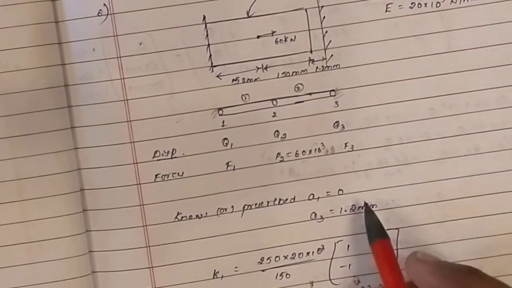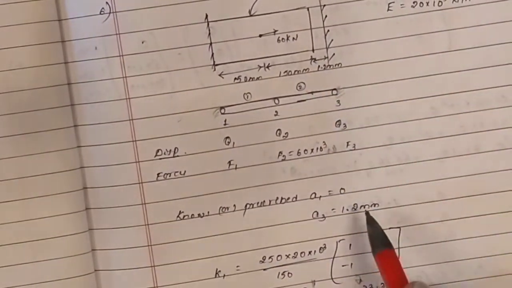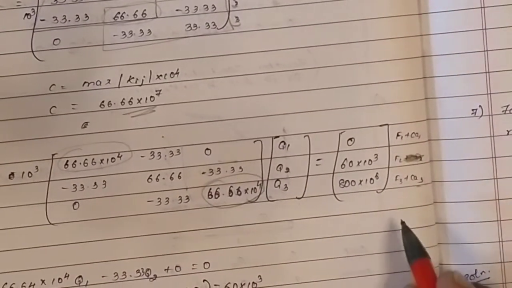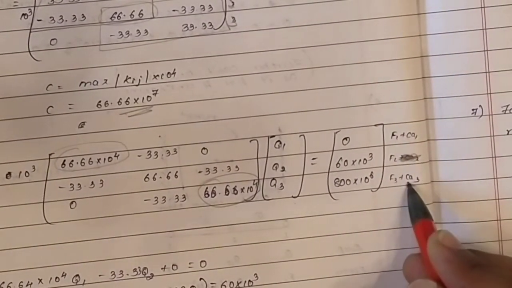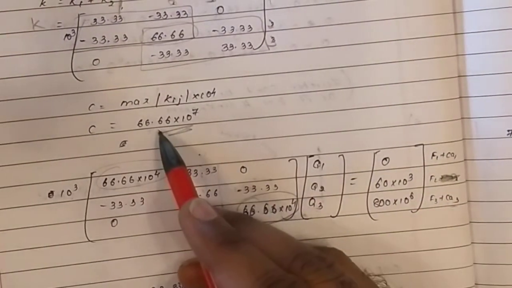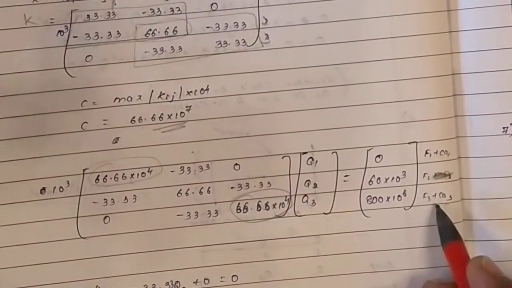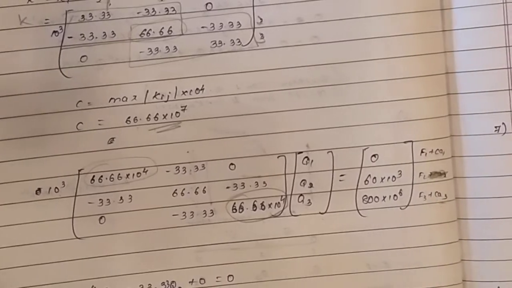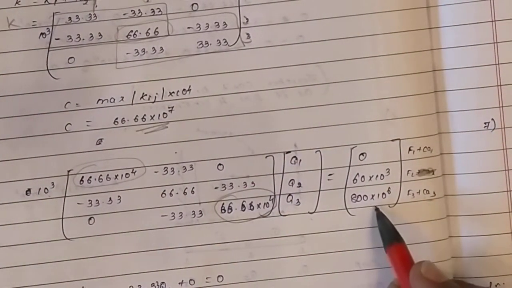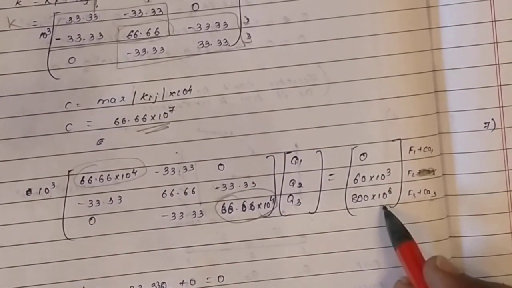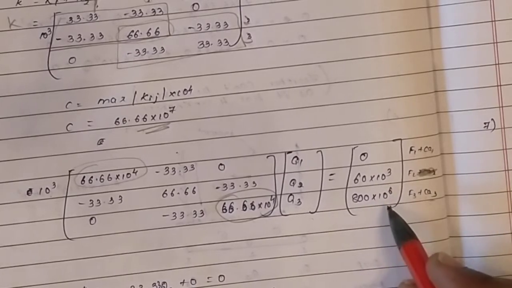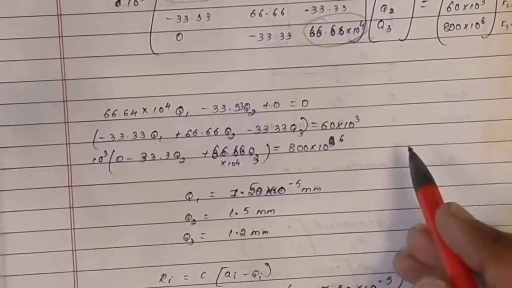A3 is 1.2 mm, the known or prescribed displacement. This is 1.2 mm, the maximum displacement at this point. Okay. So here A3 into C. A3 into C is 66.66 into 10 power 7 plus F3. F3 is 0. Okay. So A3 into C will get 800 into 10 power 6. Is this clear? Rest everything is same.